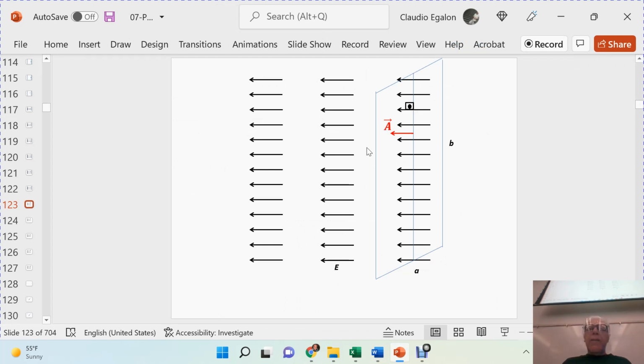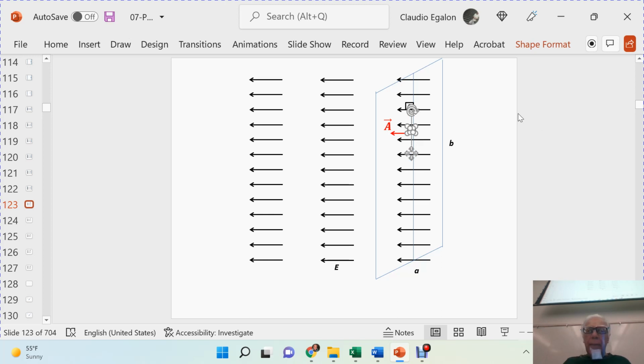is that the vector area of the surface is always represented by a vector that is normal to the surface. Because the surface is a plane surface, this vector area is going to be perpendicular to this surface. Do you see this perpendicular symbol here? It applies not just to the electric field, but also to the area vector.